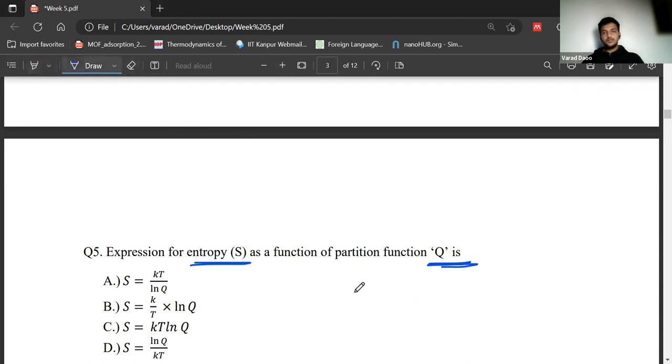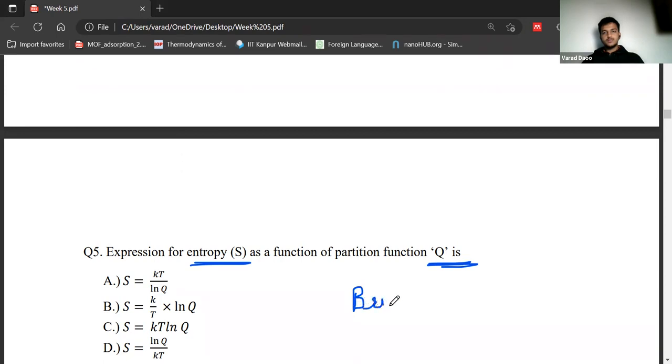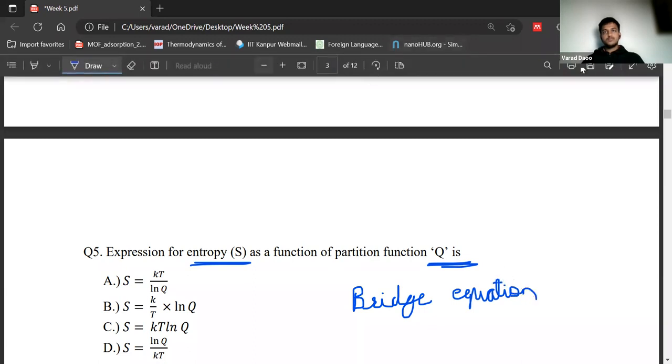I'm going to give a hint: bridge equation. Yeah, bridge equation.